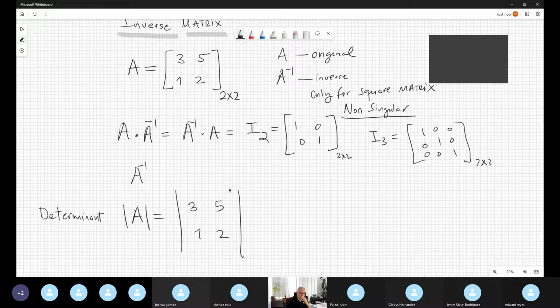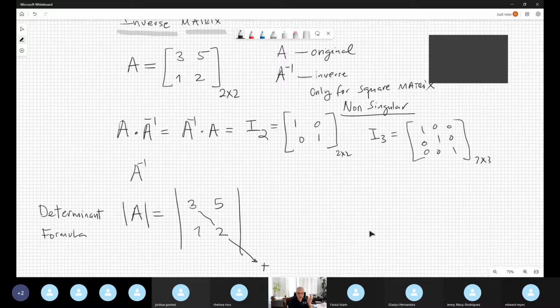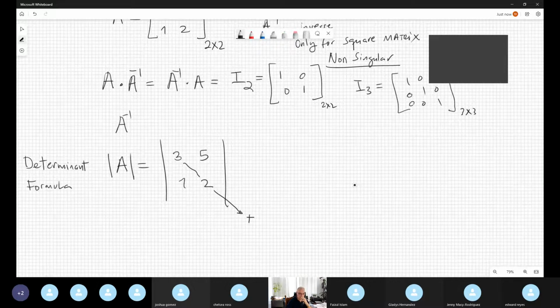And you apply the formula for the computation. The determinant of a 2 by 2 is easy: you multiply this and this, and you keep the same sign, positive. This positive is the mnemonic device to remember to keep the same sign. And you multiply this and this, and you put negative, to indicate the opposite side.